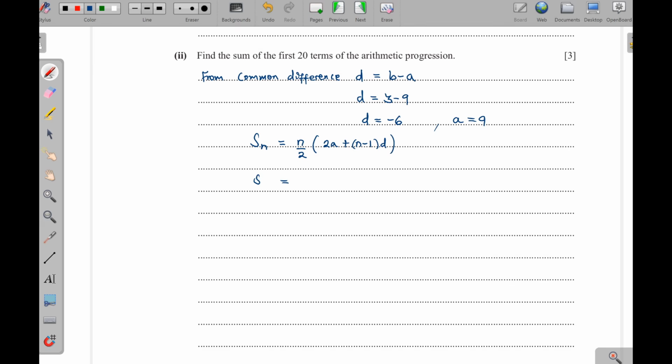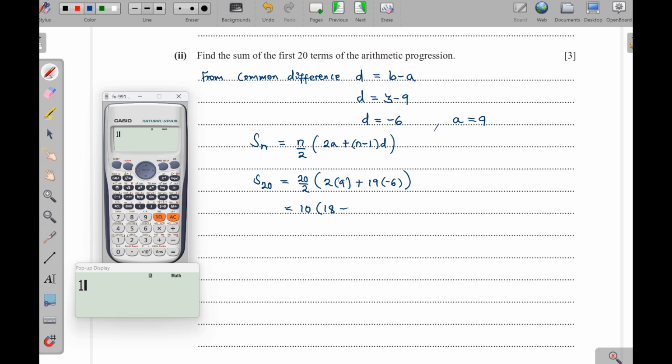So if we are saying sum of the first 20 terms, that means n is 20. So then 2 times our A, which is 9, plus 20 minus 1, that will be 19, times our D, which is negative 6. And then here we shall have 10, then 18, and then 19 times 6. Of course, we shall have a minus. 19 times 6, that one is 114.